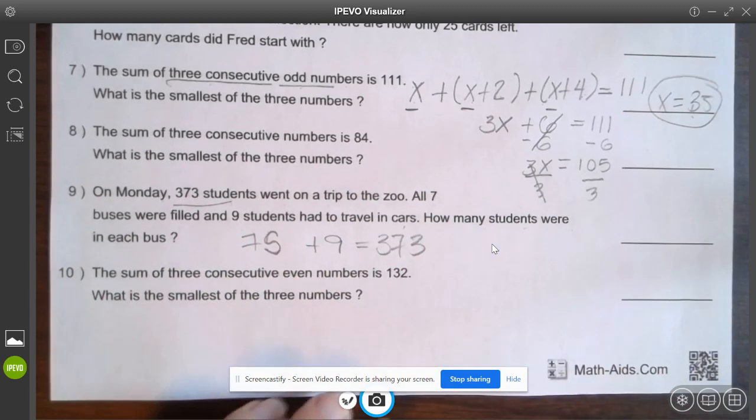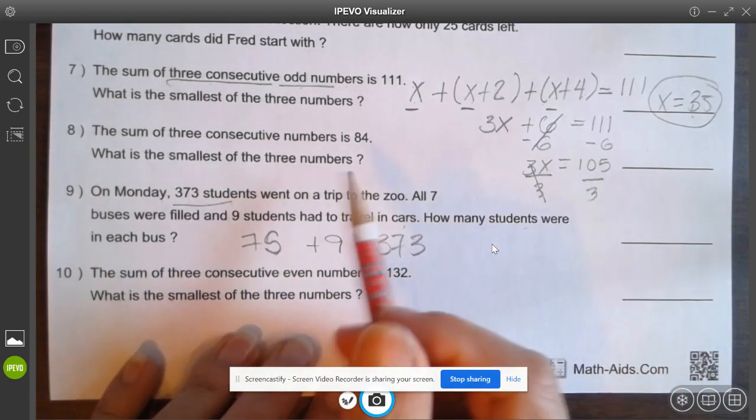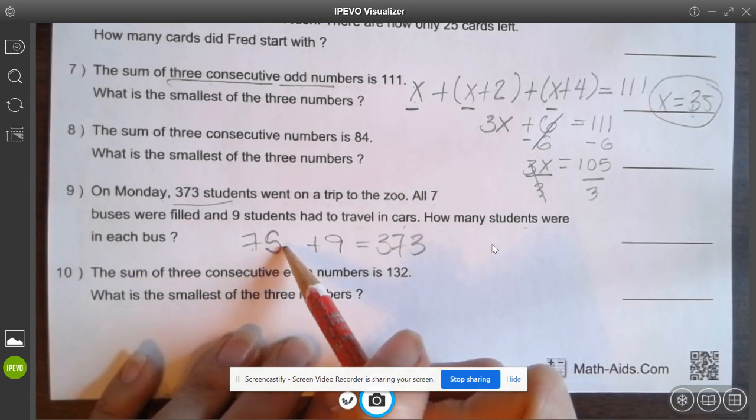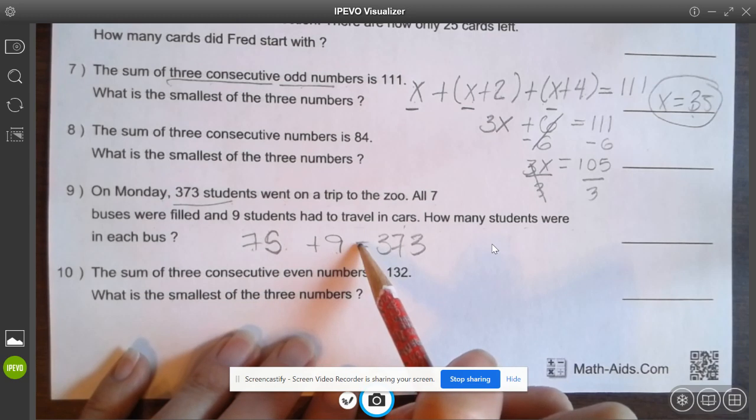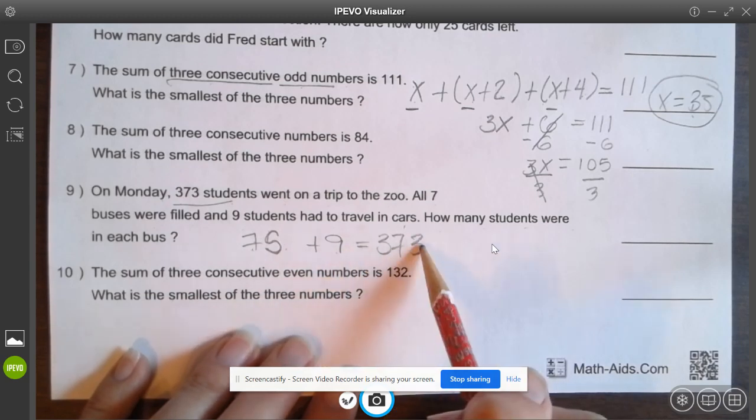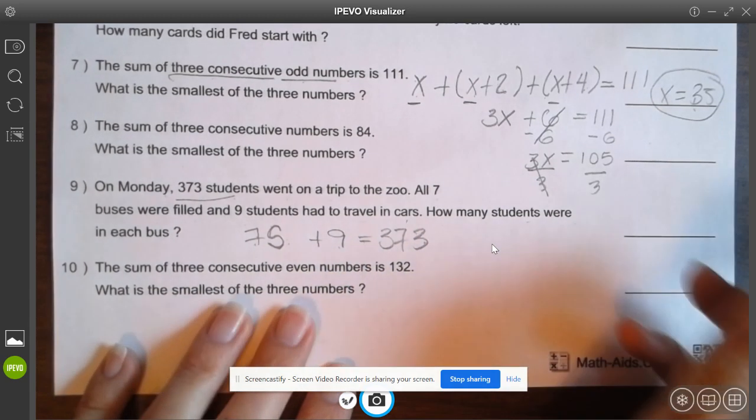All right. So that would give us how much? Now this is multiplying, right? Because there's 7 buses and how many students? Plus 9 students that drove in a car, and this is a total that got to the zoo. Now let's solve for that.